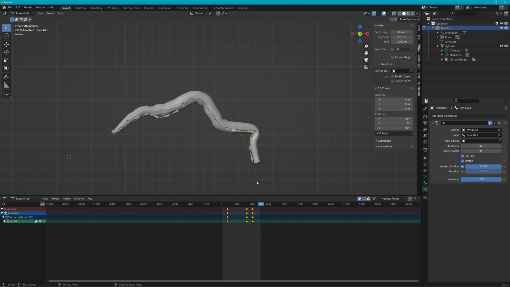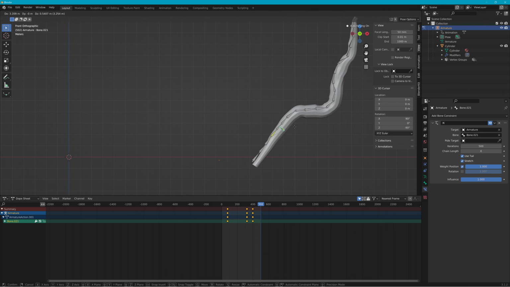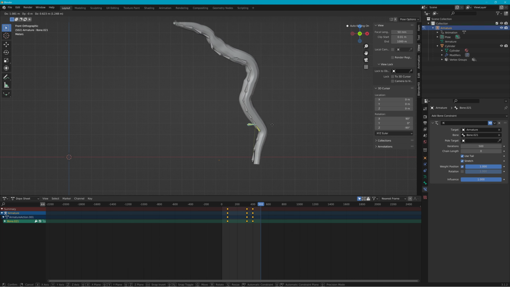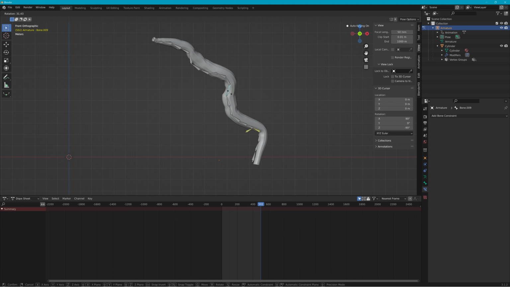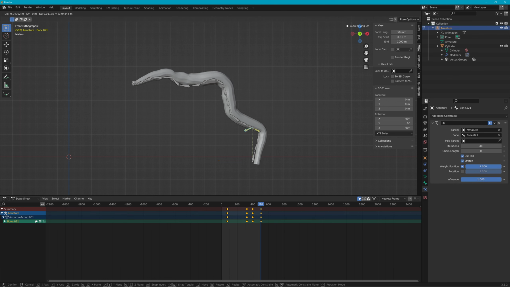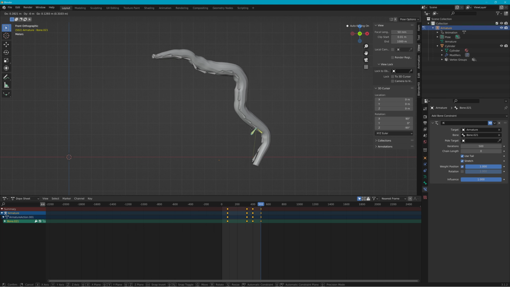Because basically what happens with inverse is a child affects the parent, instead of a parent affecting the children. That's the inverse part. That's what inverse does.